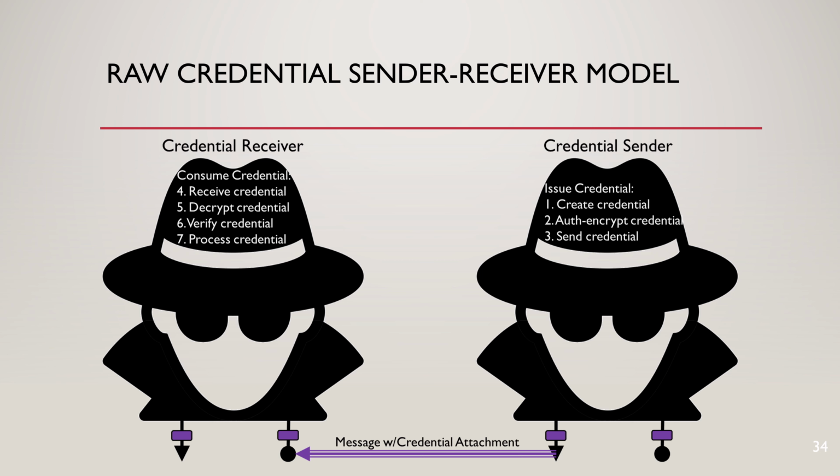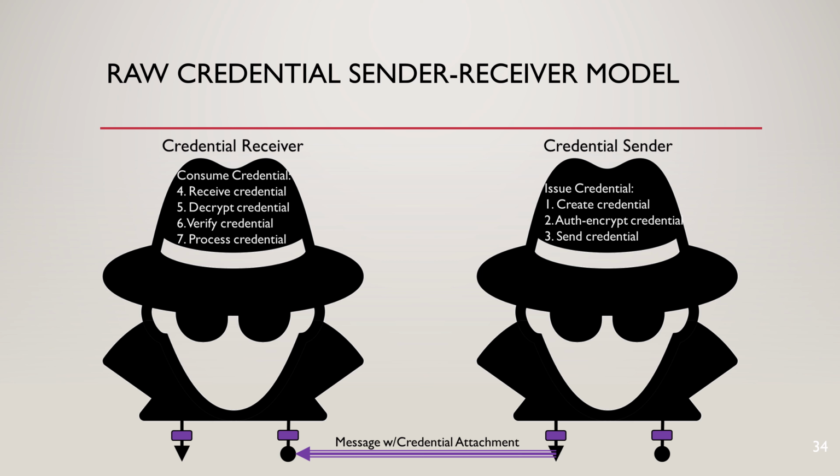If we look at what the credential sender needs to do, there are 3 steps. The sender obviously needs to create the credential. They need to auth encrypt the credential, and then they need to send the credential. And that's step 2, the auth encryption takes place in the purple box there on the origin, the arrow-shaped interface of the credential sender.